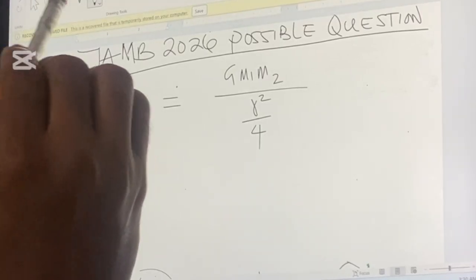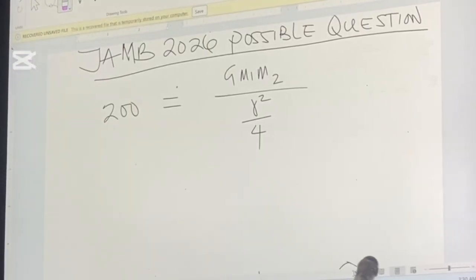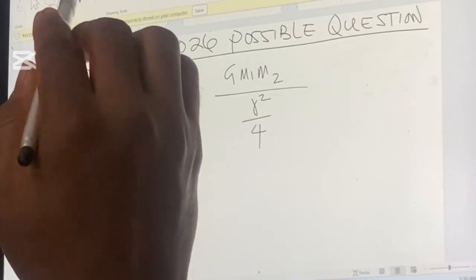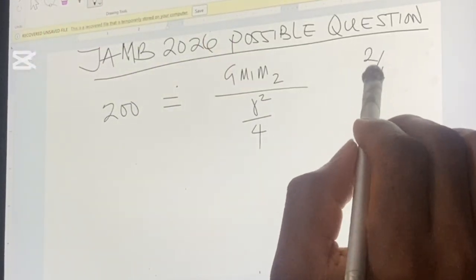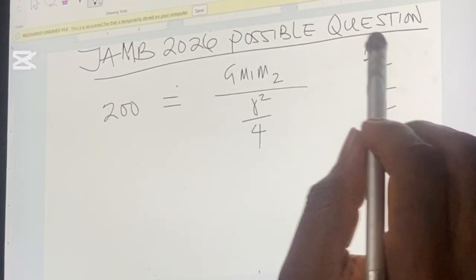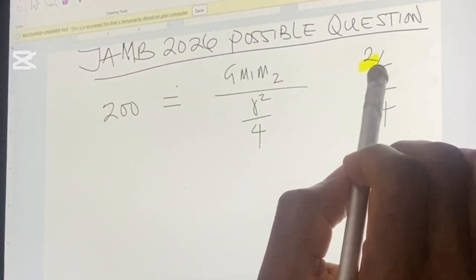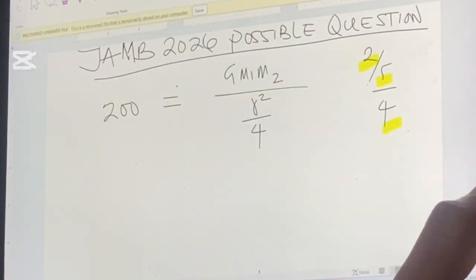There is a shortcut to solve three-step fractions or four-step fractions. The shortcut is this: if I have 2 over 5 over 4, we call it a three-step fraction. That is 1, 2, 3. So whenever you have a three-step fraction, don't just stress yourself.